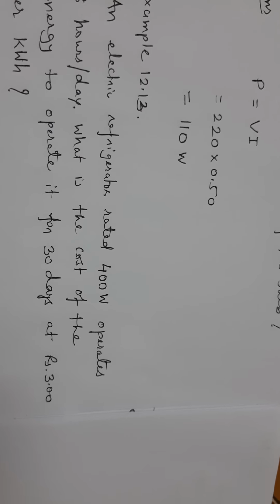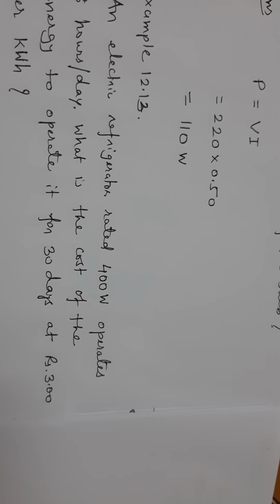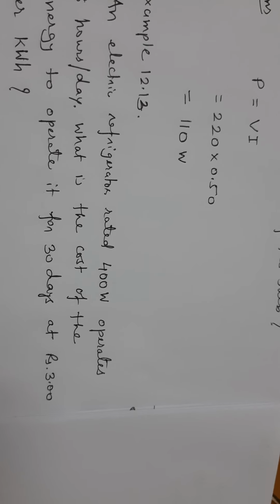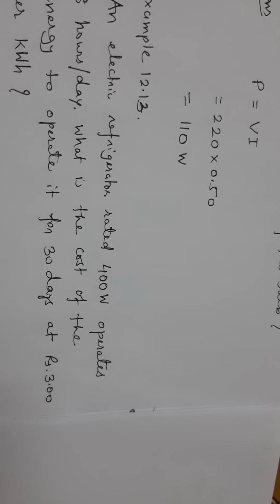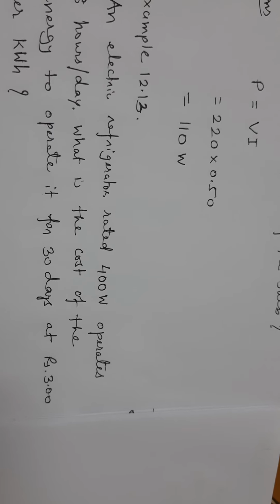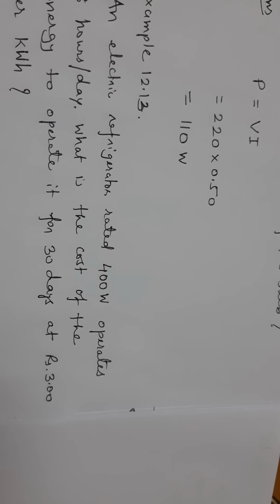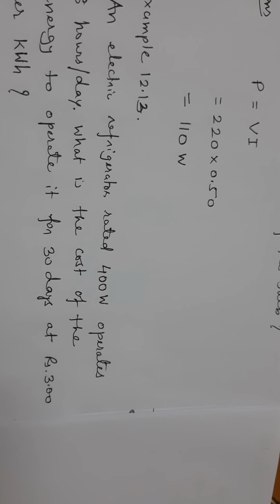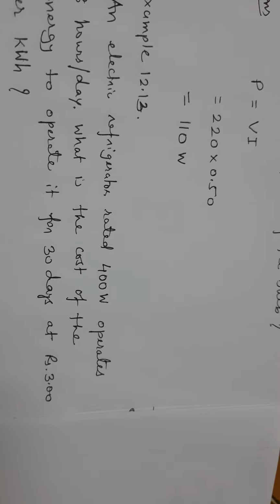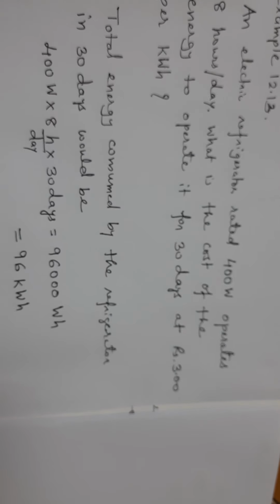So here we have an electric refrigerator rated 400 watt that operates 8 hours per day. What is the cost of energy to operate it for 30 days, at 3 rupees per unit, that is 3 rupees per 1 kilowatt hour? The total energy consumed by the refrigerator in 30 days will be its wattage 400 into 8 hours per day you are using, multiplied by 30.